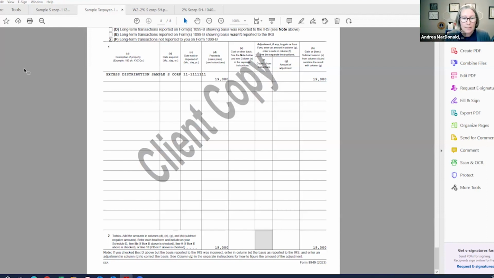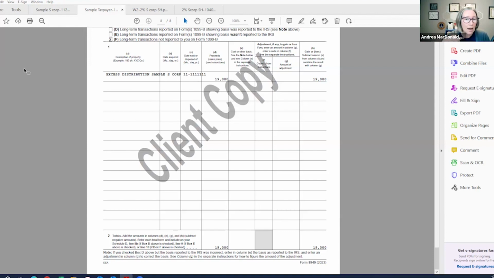So oftentimes, when I'm reviewing S-Corp returns from another preparer, for a new client to me, I have many times seen charitable contributions listed as an other expense on the 1120S, and that is incorrect. It's a separately stated item on the K-1, and it flows through to the shareholder's Schedule A.